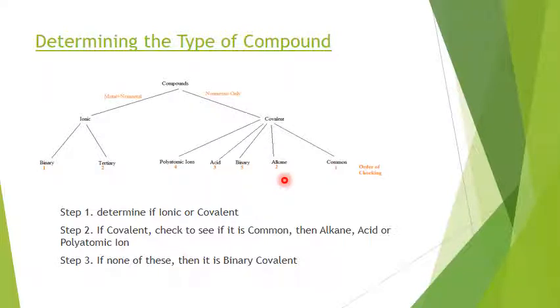No, because alkanes have carbons and hydrogens. Is it an acid? No, because it doesn't have an H in front. Is it polyatomic? No, because a polyatomic has a negative charge on it. So it's got to be a binary. You just name who's in it and how many using prefixes. So, sulfur dioxide. For the first element, if it's just one of them, you don't use mono.